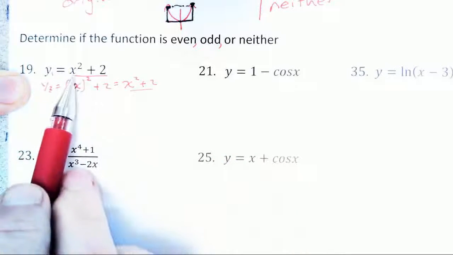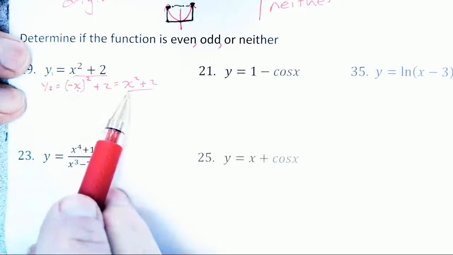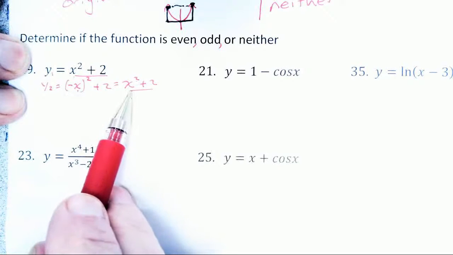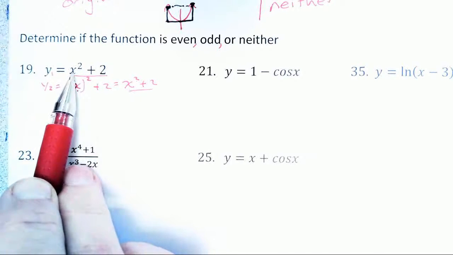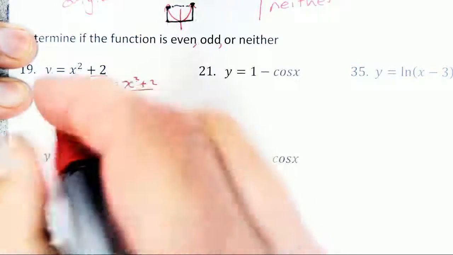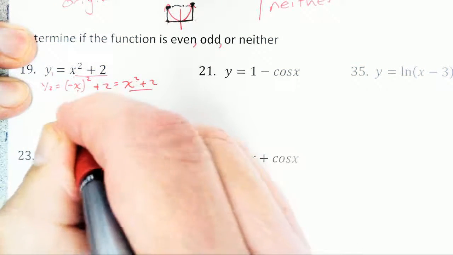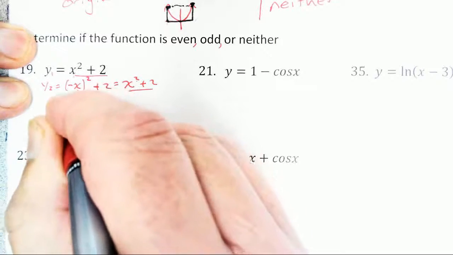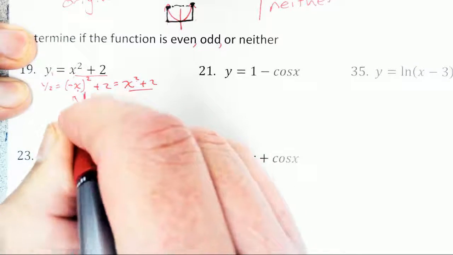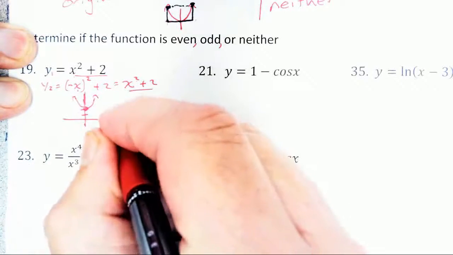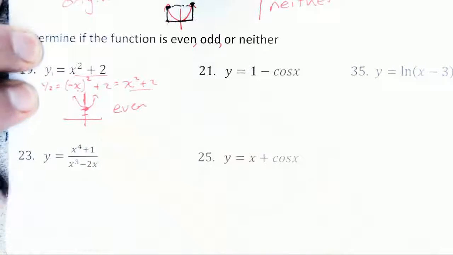Therefore, if I put in 7 here, or put in negative 7 here as well, I get the same value out. Therefore, if I go to the right, I get the same height as I get going to the left. If you want to go to the graph, this graph starts up 2 and then looks like a parabola. Oh yeah, that's symmetric across the y-axis. So this function is even.